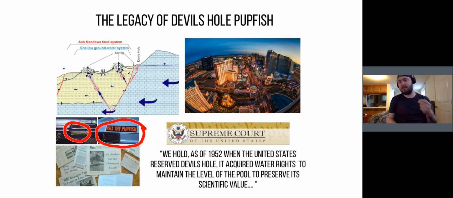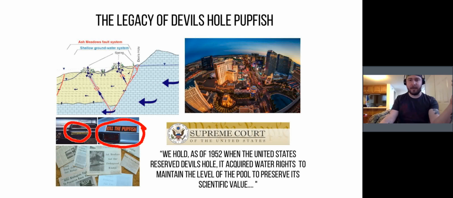So this was perhaps the first major victory of the environmental movement, and it has served as a rallying point for a lot of environmental initiatives. So not only is the Devil's Hole pupfish a very important species from an evolutionary concept because it survived in this very harsh environment for 20,000 years with really no inflow of genetic diversity, but it's also this very important cultural icon.